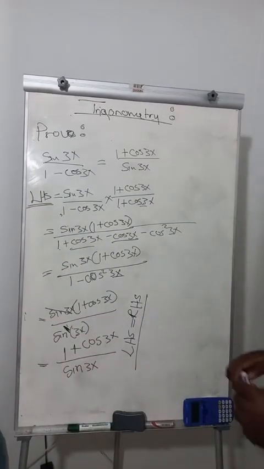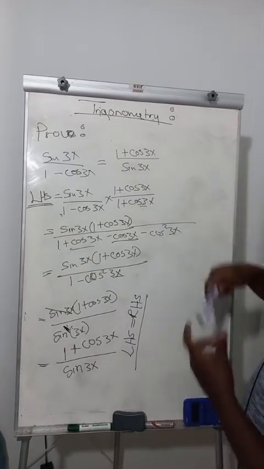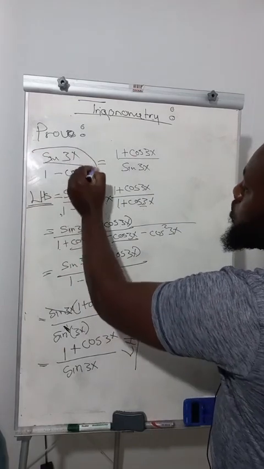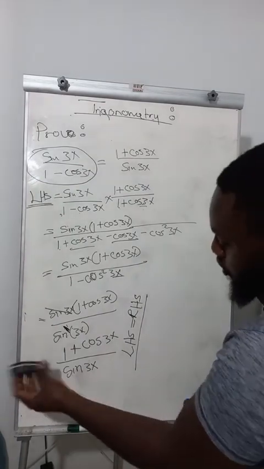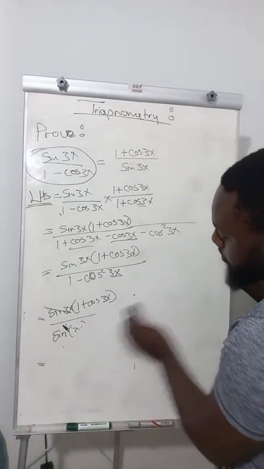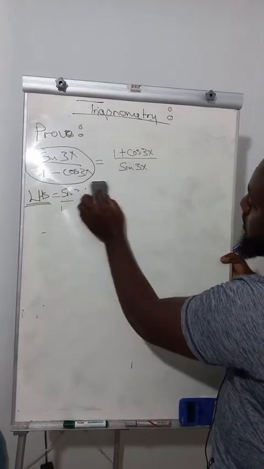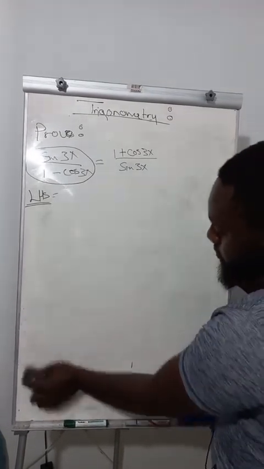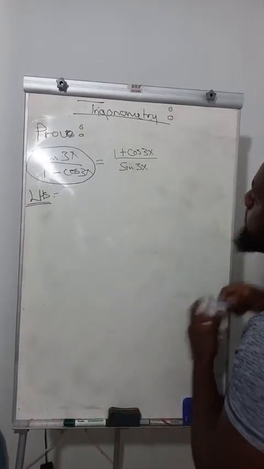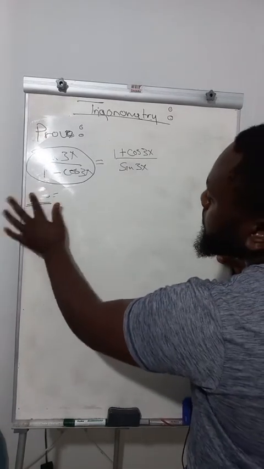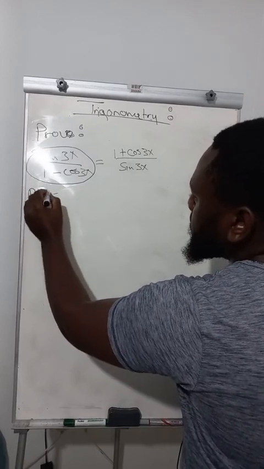Now let me show you that when you choose the right-hand side, you can also reach this. Let's choose that, because there are other people, maybe when they are solving, they choose the right-hand side instead of the left-hand side.